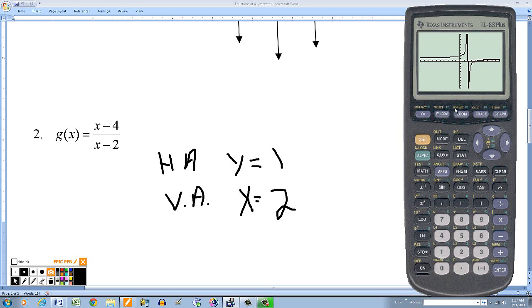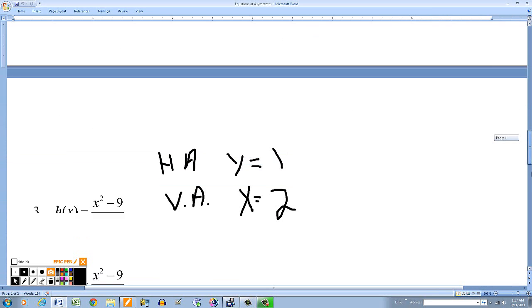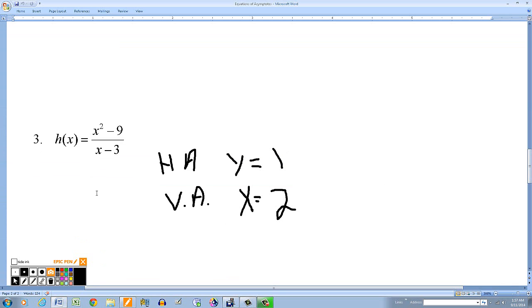So this one shows you the vertical asymptote, which is at x equal to 2, right there. And then the horizontal asymptote comes right in here at y equal to 1. So if I draw it in there, it'll go right through there. Okay, let's go to the next one. Let me clear this one.